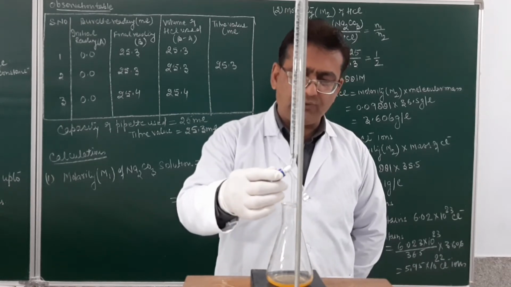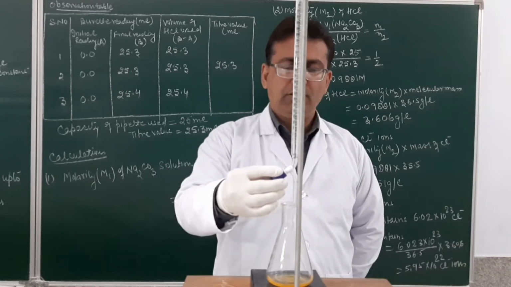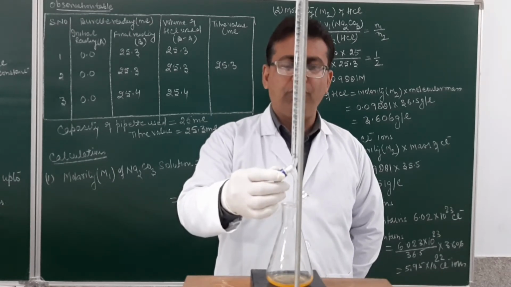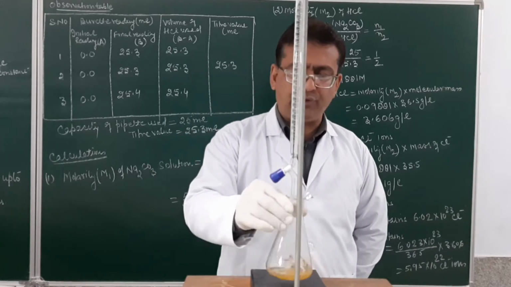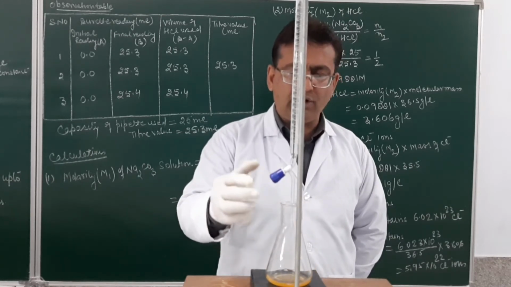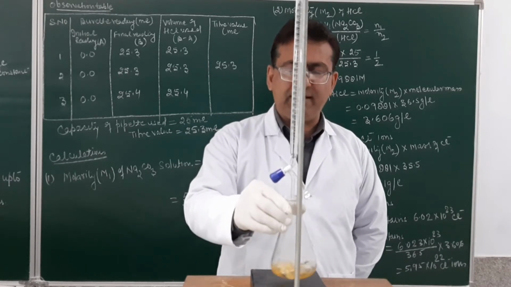In this case, we will add in a dropwise manner the solution of HCl into the sodium carbonate solution in which methyl orange is added, and this is being done with constant stirring.